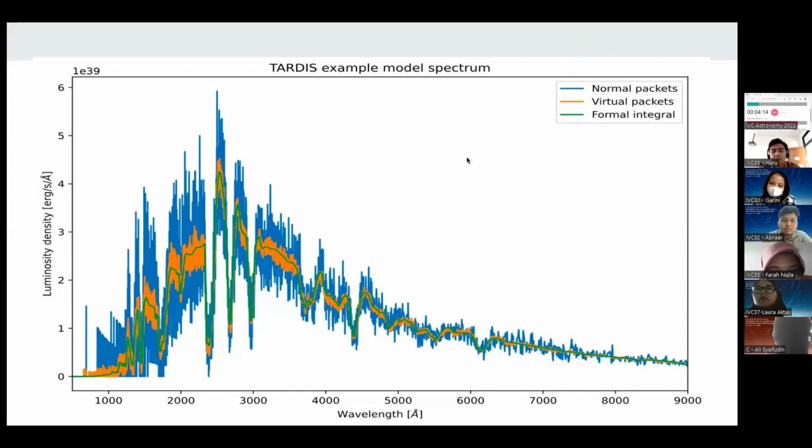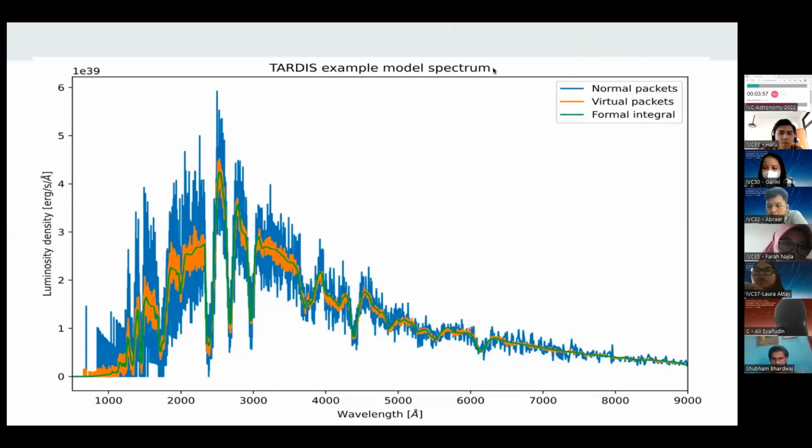Okay, so I can tell you, maybe I might need to share my screen. So in this graph, as you can see, we are simulating the spectrum, right?